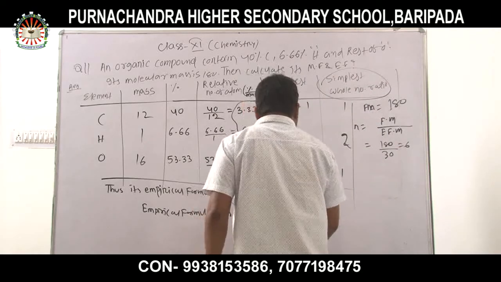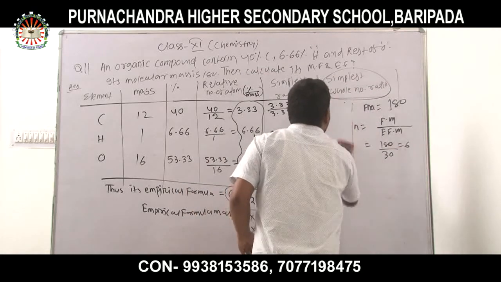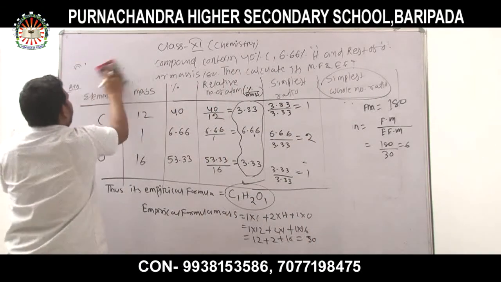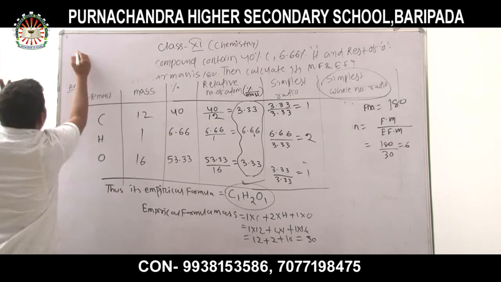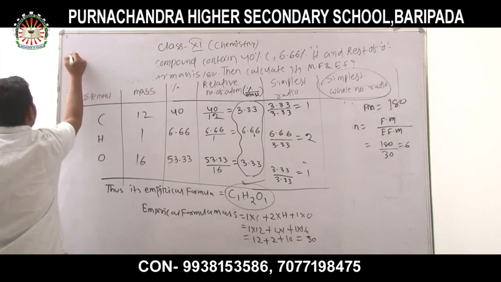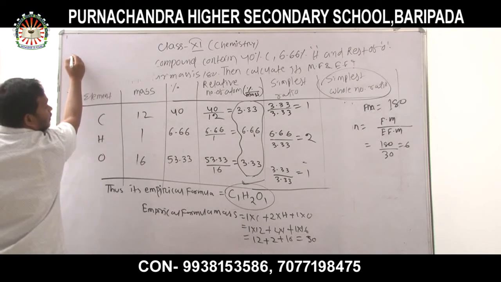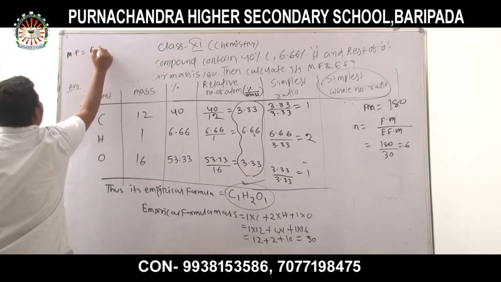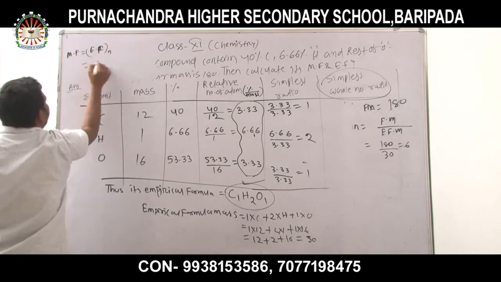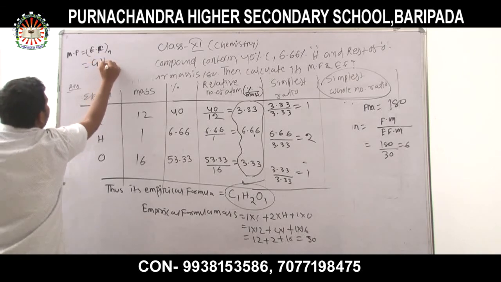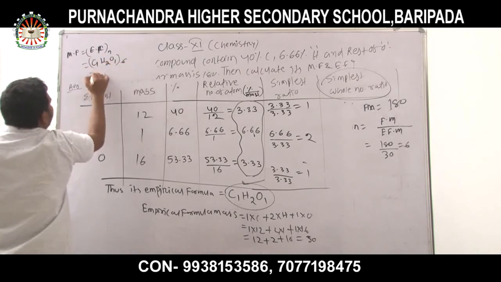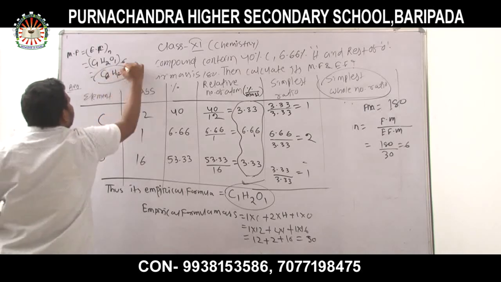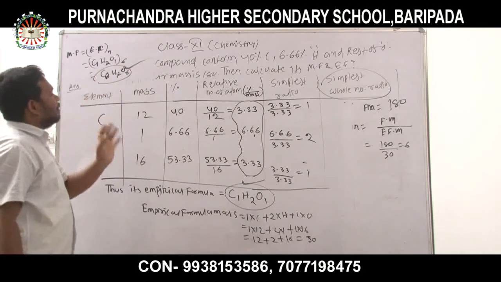Thus from our relation, molecular formula equals empirical formula into n. The empirical formula is C1H2O1, multiplied by 6, that is C6H12O6. This is the molecular formula of the given compound.